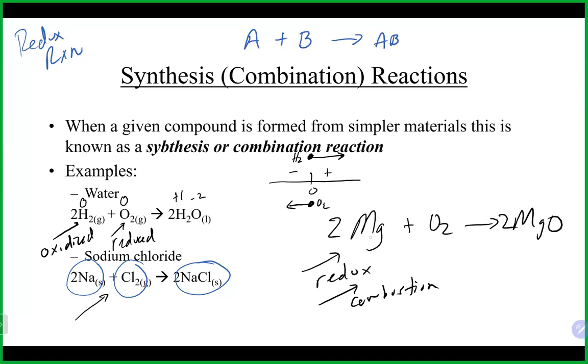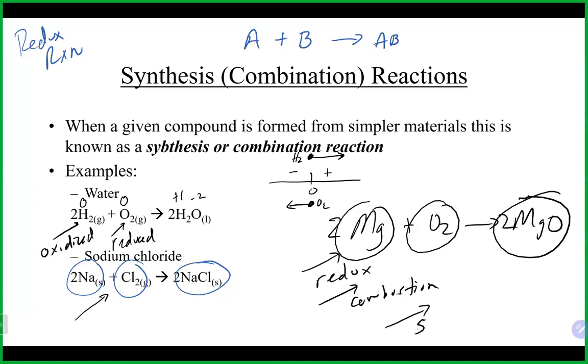It also very much looks like two things make one thing, right? You could classify this guy as a synthesis or combination reaction, yeah? So that one reaction could actually be classified in 3 different ways. Which one should you choose? Probably whichever one you're looking at. I would say most people would choose synthesis or combination for this reaction. But again, the other two are definitely not wrong. They're correct classifications of that reaction. Any questions on any of that there?